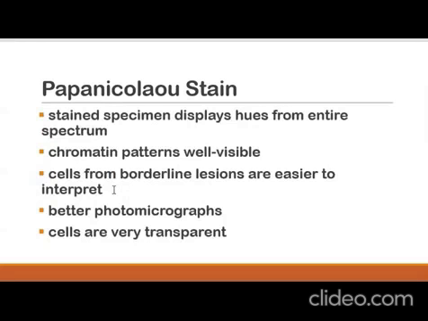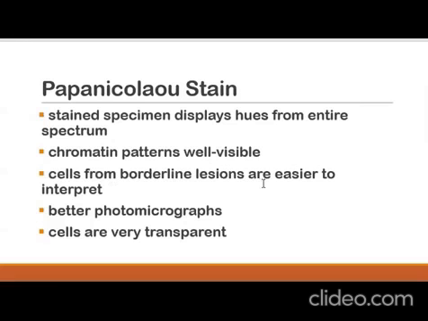Okay, so now after you have performed Pap staining, it is expected that once you observe it under the microscope, you will observe different hues or different colors, and these colors may range from red up until violet. Oh, Roy G. Biv, the colors of the rainbow. Also, after doing this staining method, the chromatin patterns are well visible, and the cells from the borderline lesions here are easier to interpret.